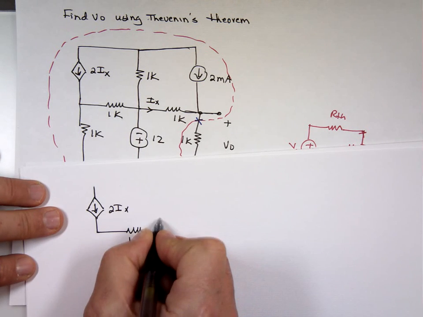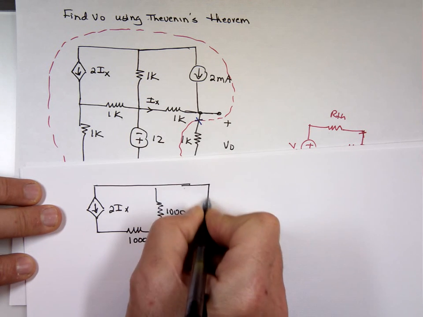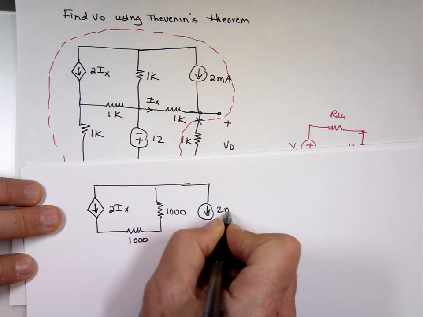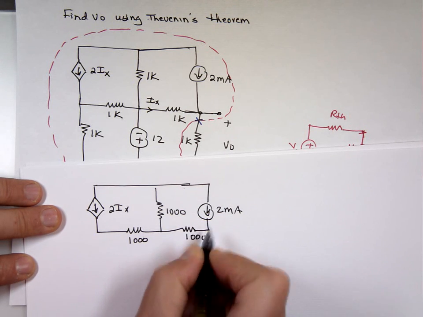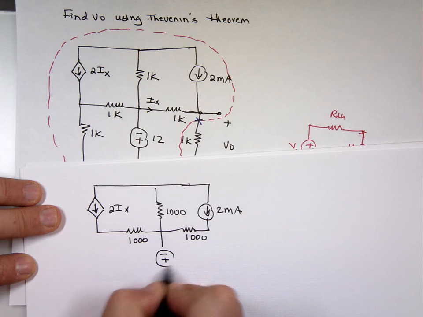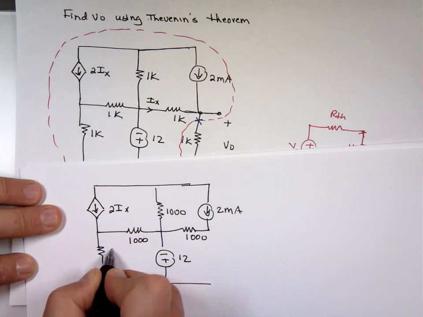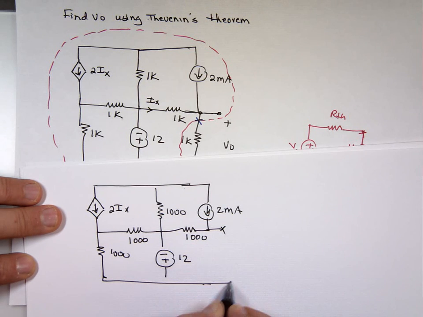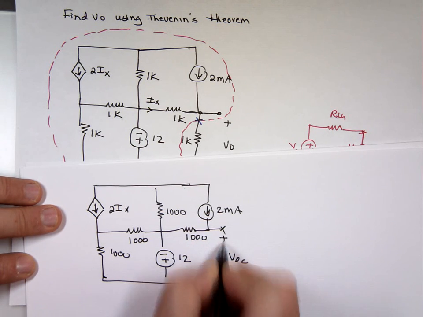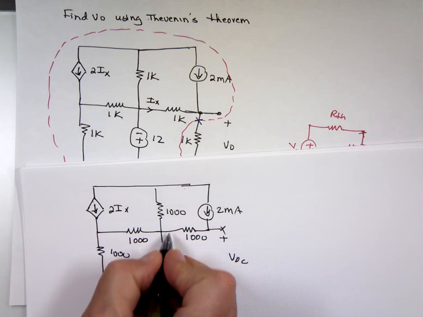One K, two milliamp, 1,000, and that's V open circuit, plus to minus. I sub x is right here.